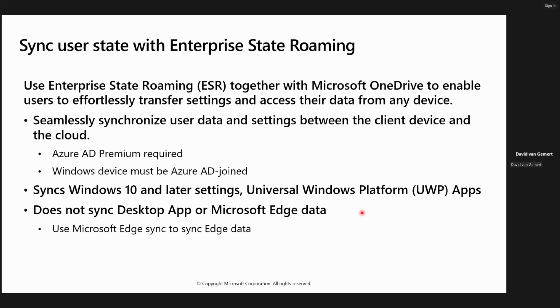So it's just something to bear in mind. Don't really worry about this here about Microsoft Edge. It doesn't sync desktop app data, which I said, or Microsoft Edge data. Use Microsoft Edge sync to sync Edge data. So this is just old information here. The redesigned Microsoft Edge actually works with enterprise state roaming across non-Windows devices as well.